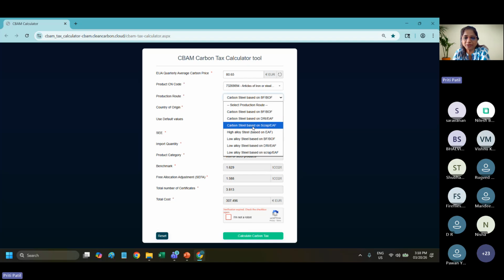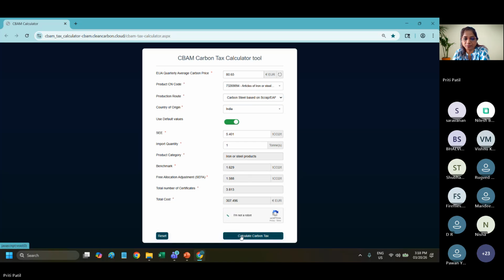Now let's change the benchmark, based upon, say, my steel precursor or whatever product I am making being based on the scrap EF production route. You can see the benchmark is reduced and the cost is increased.